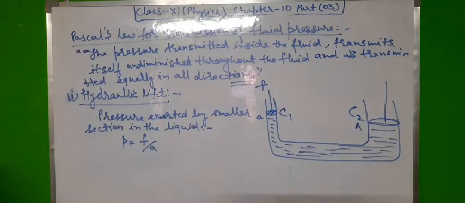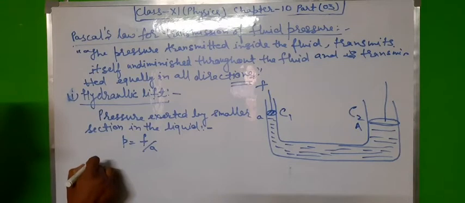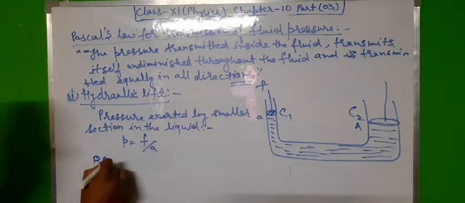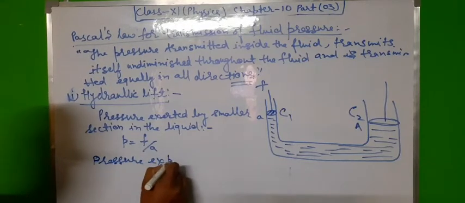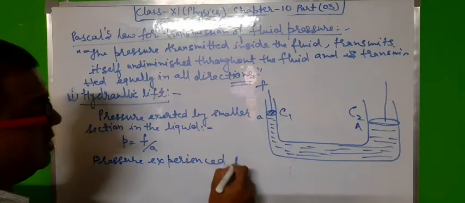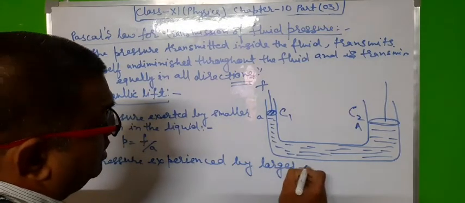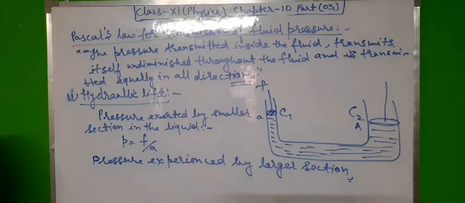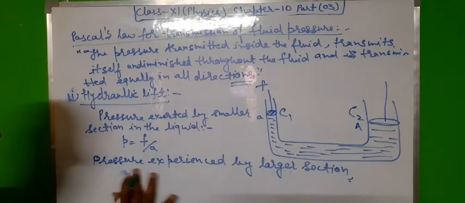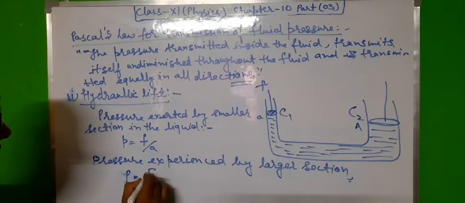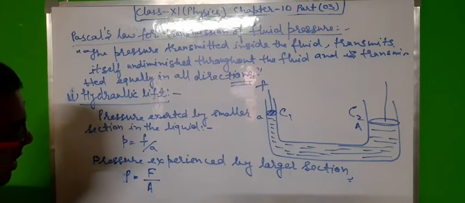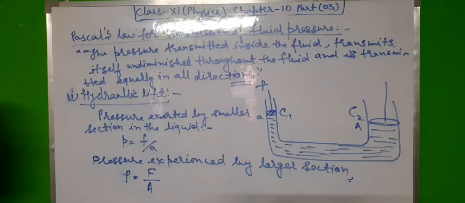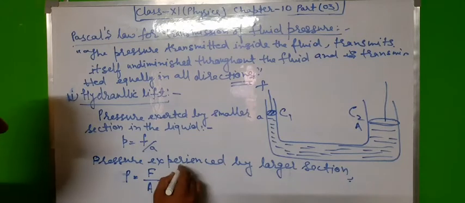The upward force on the larger piston C2 equals the pressure experienced by the larger section, which is given by capital F upon capital A. But according to the transmission of fluid pressure, both pressures will be the same.